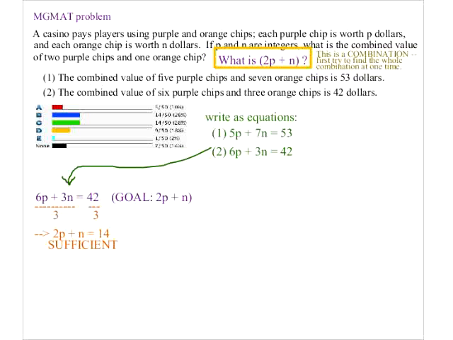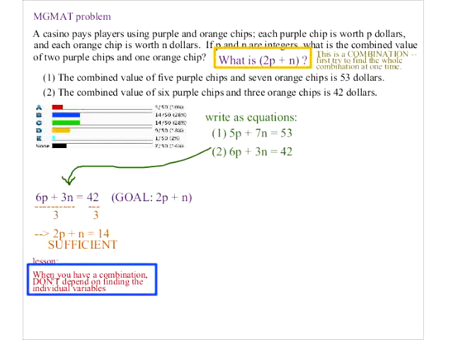So there's a lesson to be learned here. It's not the major lesson of today, but there's a lesson to be learned here: when you have a combination, don't depend on finding the individual variables. Because in a lot of cases, you just won't be able to find them.